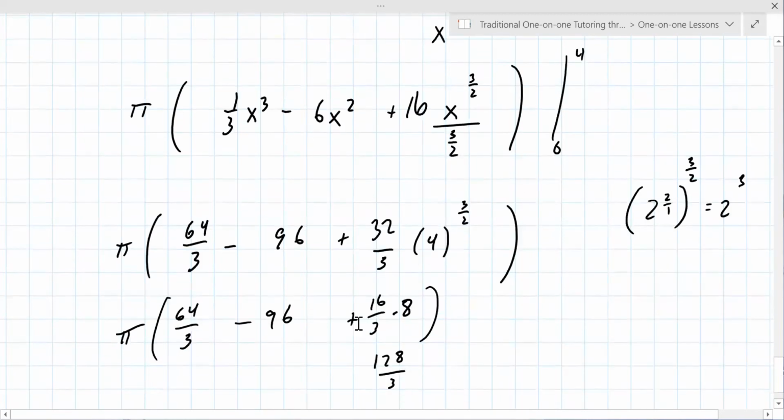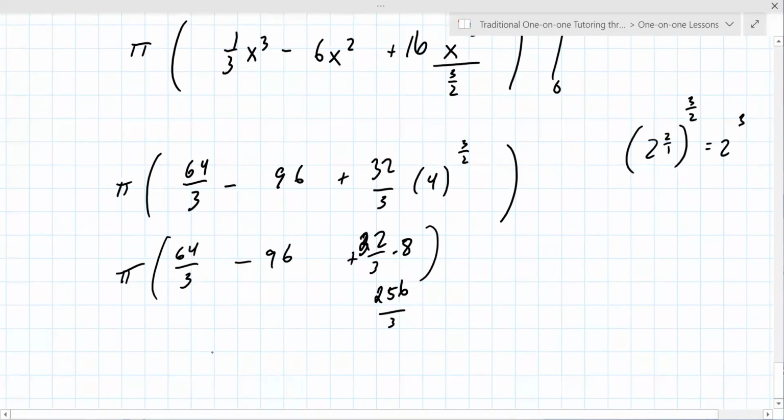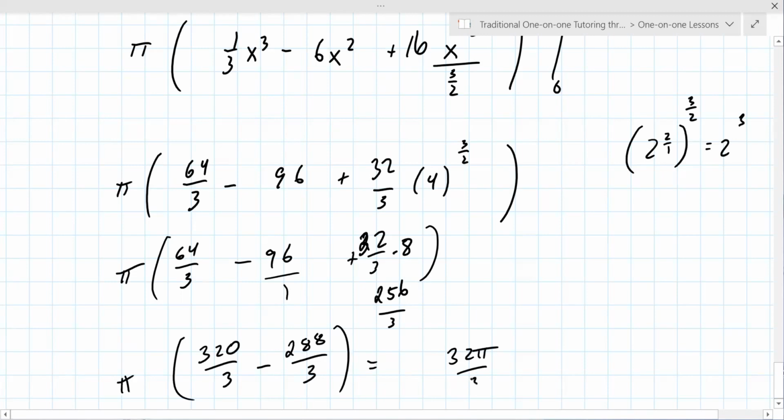And what that does is it doubles this number to 256. This becomes 256 over 3 plus the 64 over 3. So that actually will work out nicely. So that's 320 over 3 minus 288 over 3. And there it is. It becomes 32 pi over 3. Yeah, you found it.